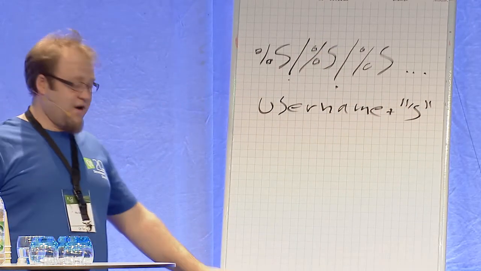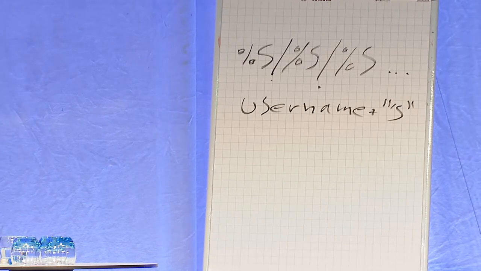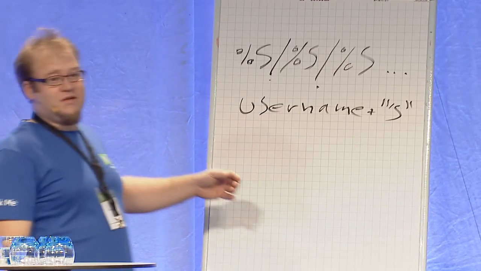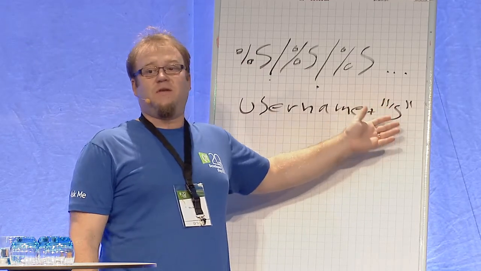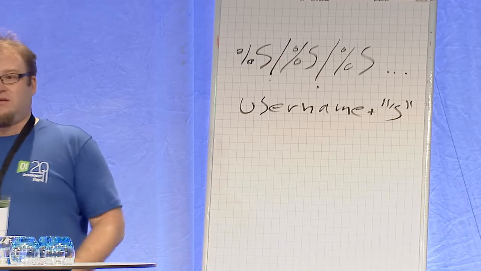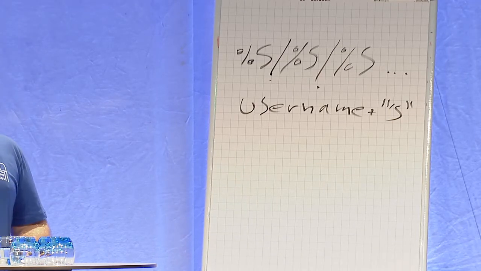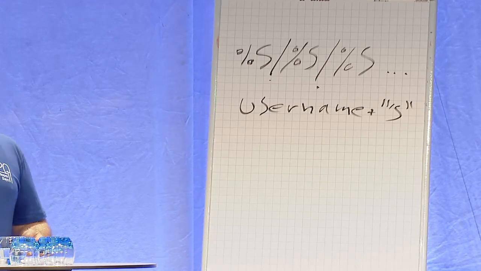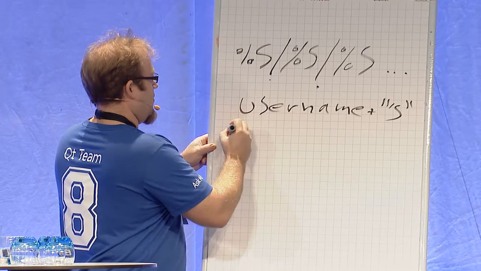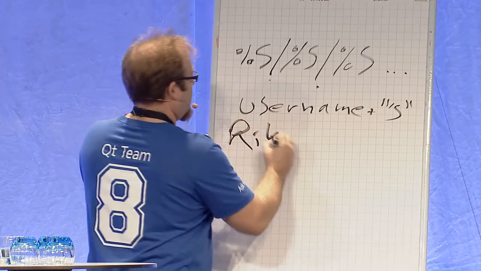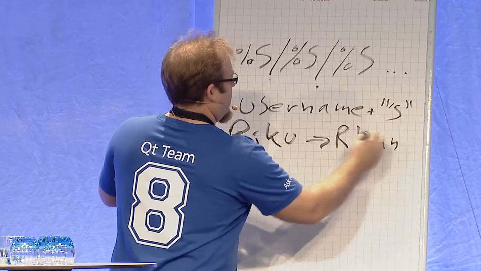So we asked again the coders, okay, how am I supposed to localize that? It's like, well, it's easy. You use suffixes in Finland, right? So you just put the genitive form here, the genitive suffix. And we're like, yeah, that's the letter N. It's kind of easy. For me, my name ends in a vowel. So the genitive form from Riku, let's use a capital letter here, is Rikun.